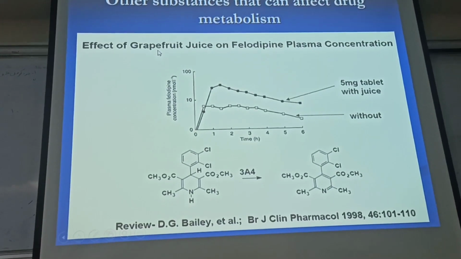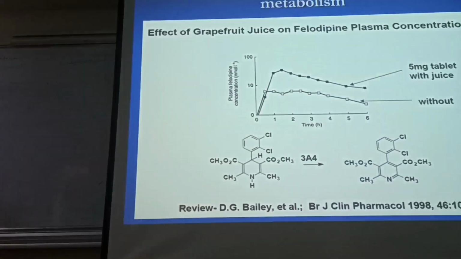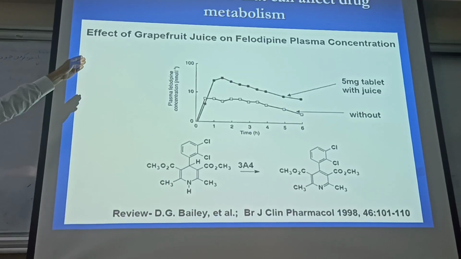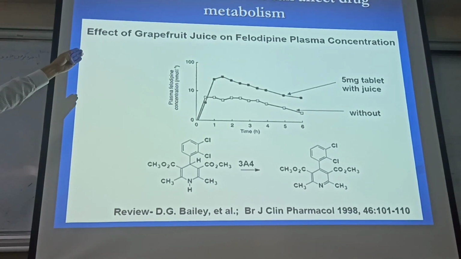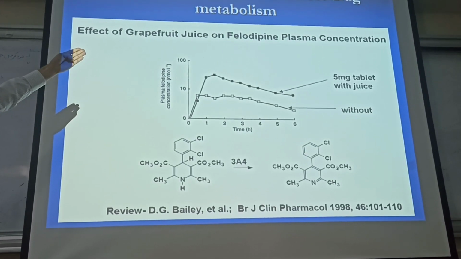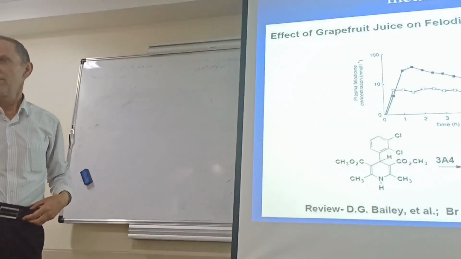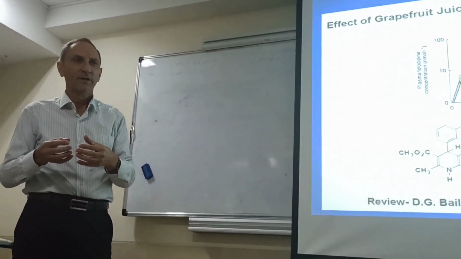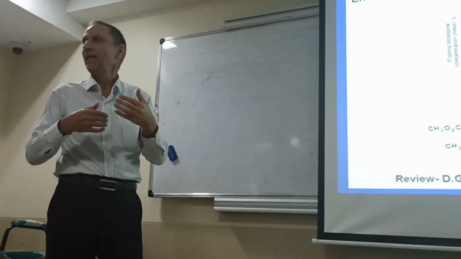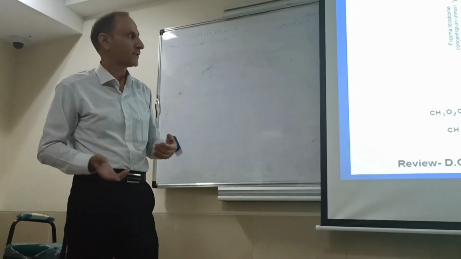Sometimes we have inhibitors of metabolism in some fruits. Here we have grapefruit juice. In grapefruit juice, we have an inhibitor of cytochromes. And if a person drinks a lot of grapefruit juice, then it can inhibit the metabolism of many drugs.